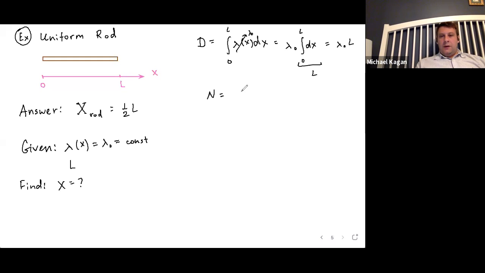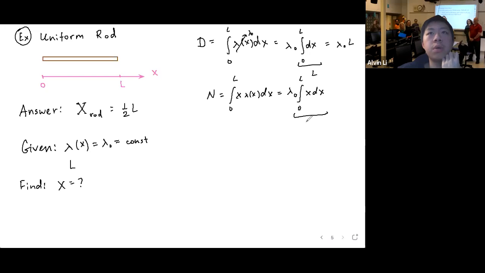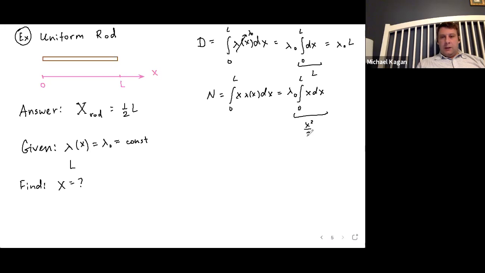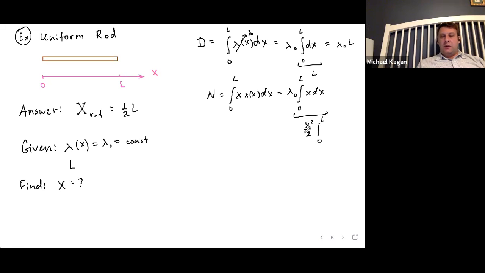Okay, now the numerator. Integral from 0 to L, x times lambda of x dx. Again, factor out lambda, the integral from 0 to L, x dx. Now, what is this integral? x squared over 2. Yeah, but it's not just x squared over 2. It's x squared over 2 with a substitution from 0 to L. At the upper limit, that gives you L squared over 2.